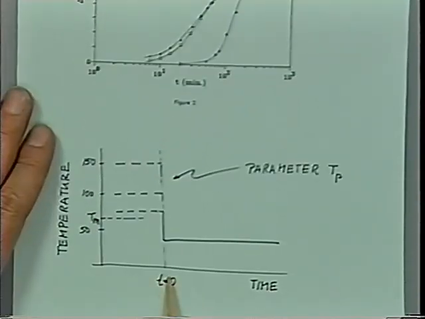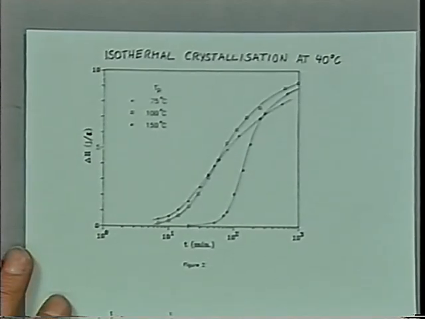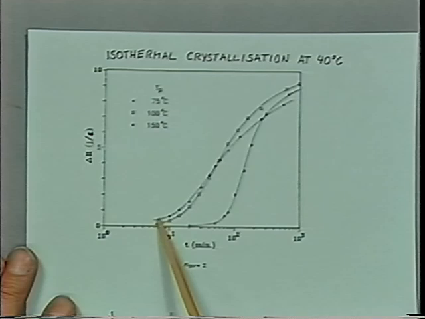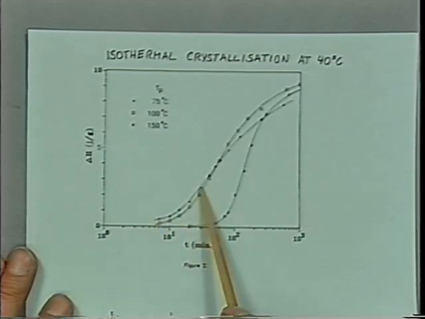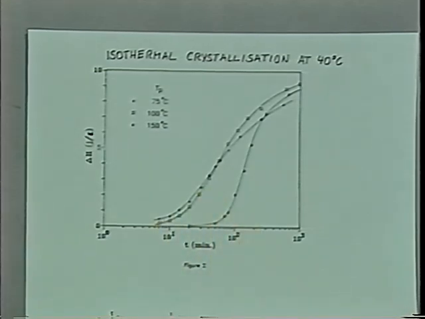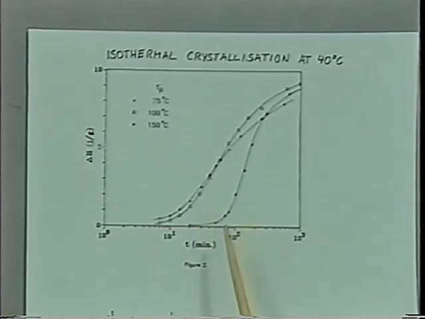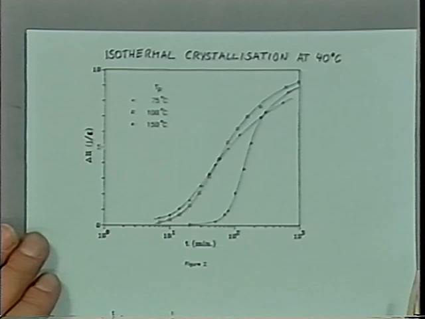So starting at time t equals 0, we measure the degree of crystallinity by annealing the sample in the supercooled state, and then quenching it even further and quickly transferring it to a DSC. And actually, in this case, this was done in a DSC. Sorry.